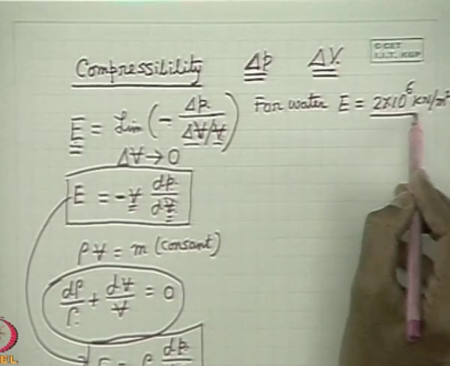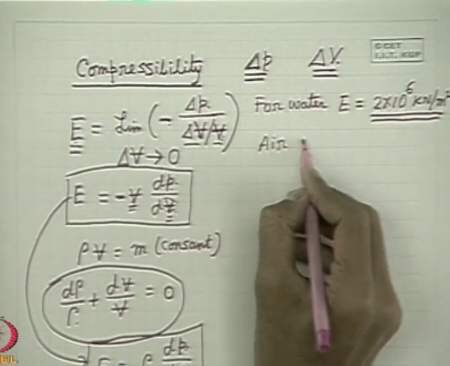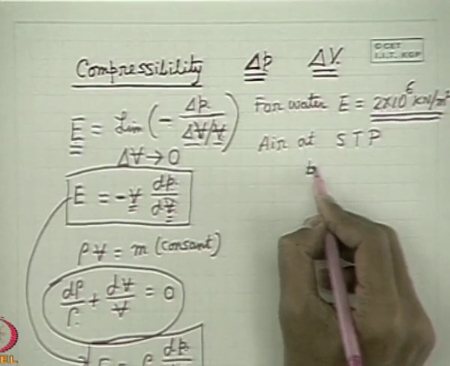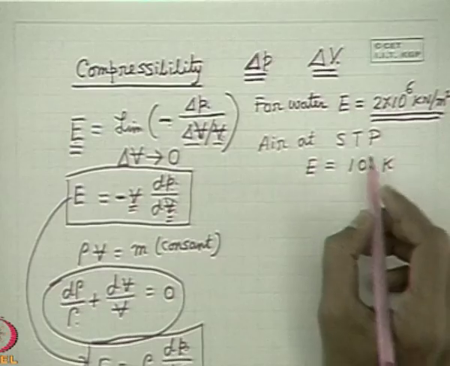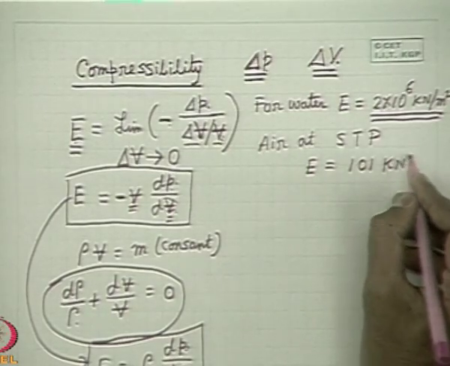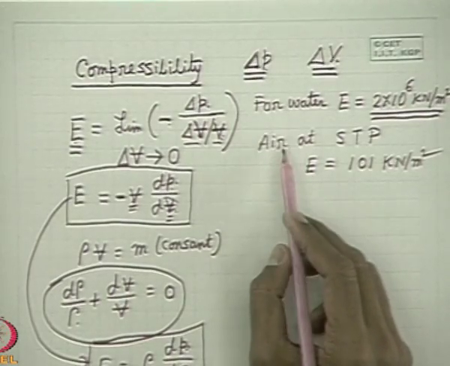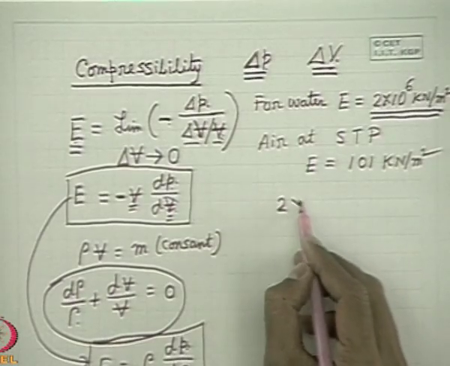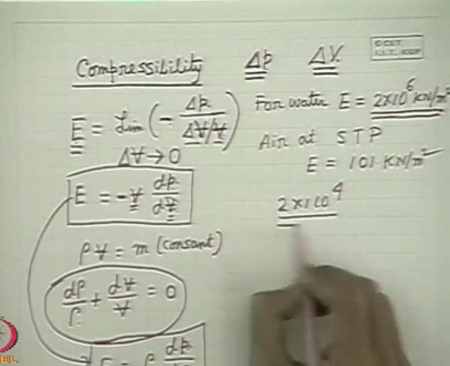So, this is the value of E for water, whereas for air at standard temperature and pressure, STP, the value of E is simply 101, that is the standard atmospheric pressure, kilonewton per meter square. Now, you see that air is 2 into 10 to the power 4 times more compressible than water.